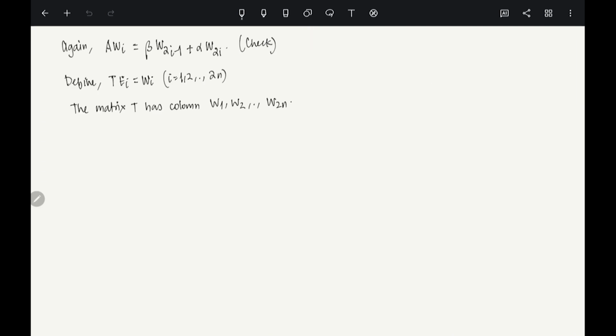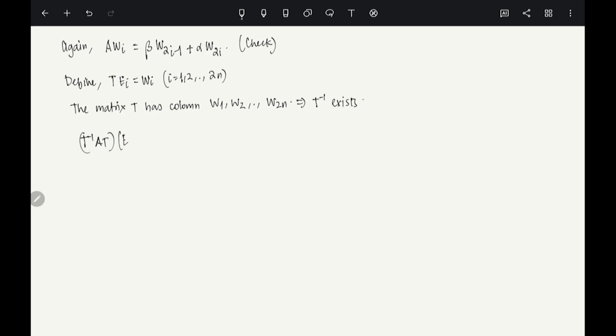Since they are linearly independent, the matrix T is invertible, which implies that T inverse exists. Clear? Now we want to look at what happens to T inverse AT, just like before. I want to make this matrix a diagonal matrix, or as close as possible, if it's possible. So what happens to T inverse AT?